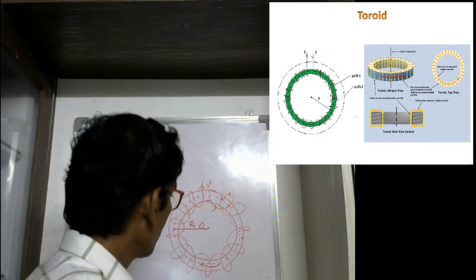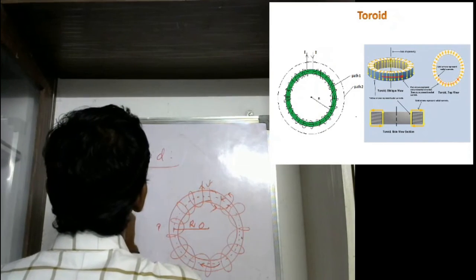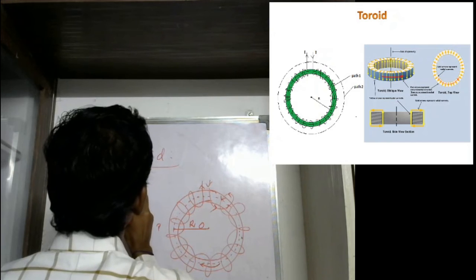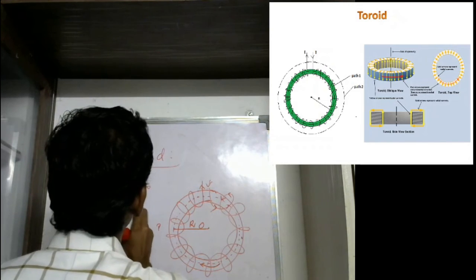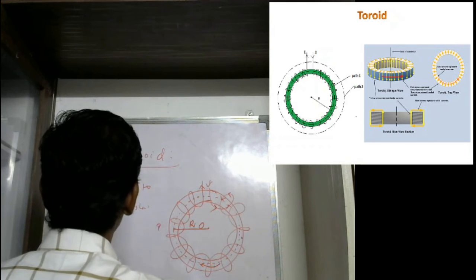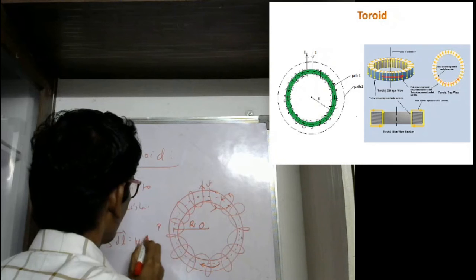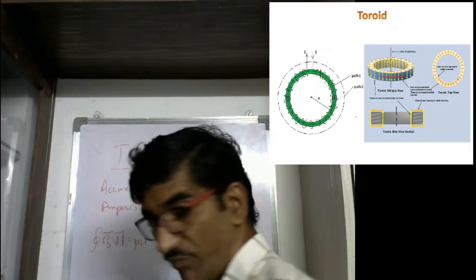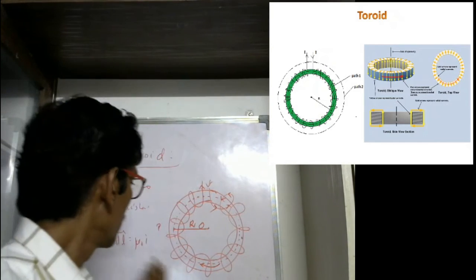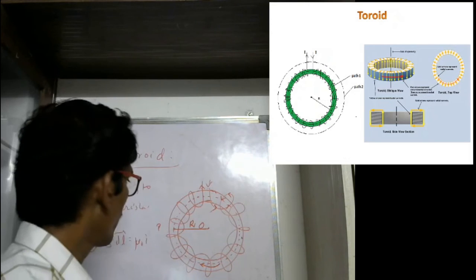Now let us apply Ampere's law. According to Ampere's law, integral B dot dl is equal to mu naught I. Here we are taking this dotted line, which is passing through.